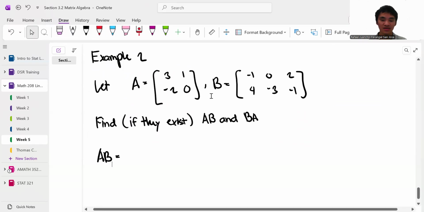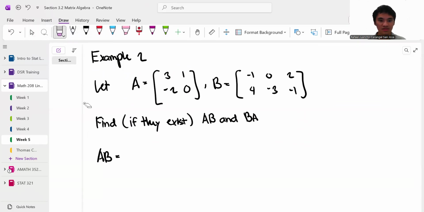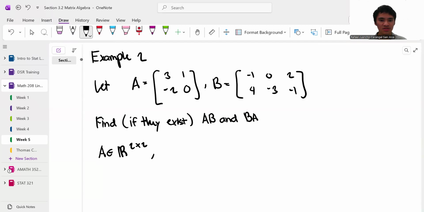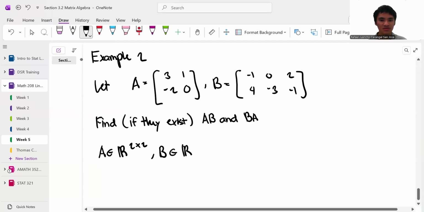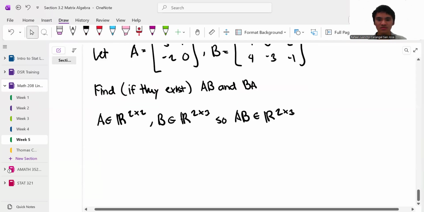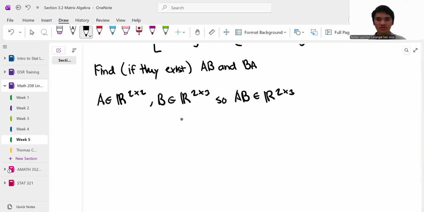That is true, right? So here A is a 2 by 2 matrix while B is a 2 by 3. So AB is going to be a matrix of 2 by 3. And it exists. So AB exists.